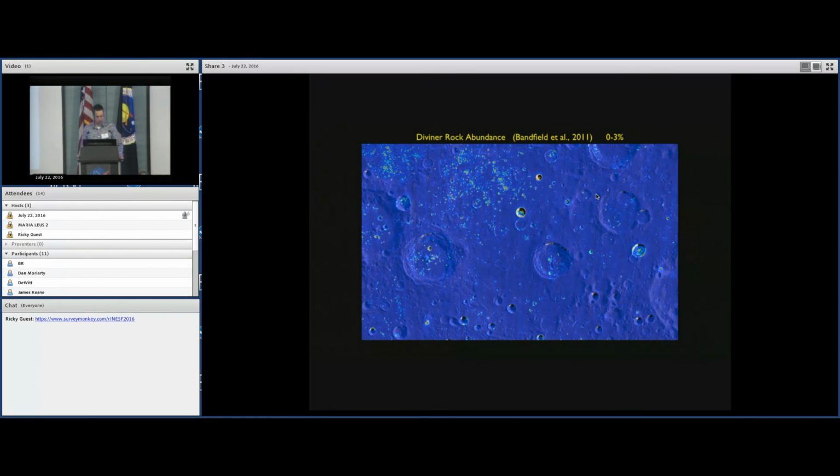This is a map of Diviner-derived rock abundance that Josh Bandfield produced. I think a very interesting trend is apparent here. You see lots of small blocky craters, and that means that there are rocks at the surface 50 centimeters in diameter or larger, at an abundance of about 3% around numerous small craters.